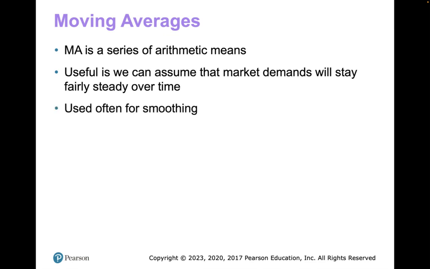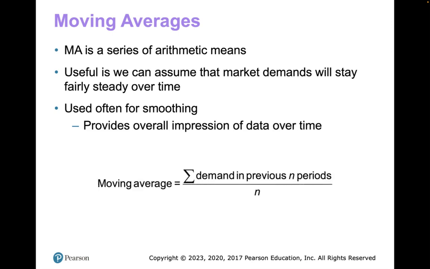The reason it's helpful if demand is steady over time is that what the average does, as the name suggests, is average things out and smooth things out. You might have a really high period and a really low period, and you're just going to get the average. So what does it look like in terms of the formula? Basically, you're just going to add up all of the demand periods divided by the number of periods.